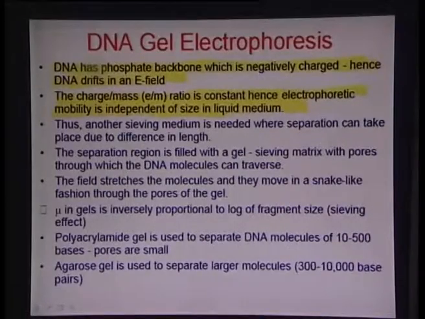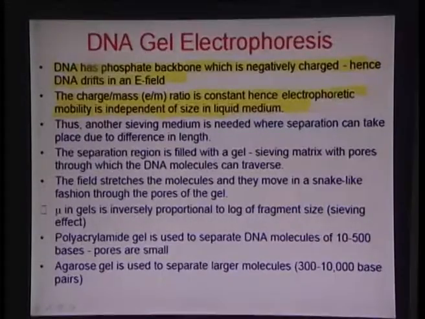Therefore, if you put it in a liquid medium where there is no sieving effect or frictional effect, it will move as one blob altogether, whereas if you put it in a medium like a gel material, there would be differential mobilities dependent on size, just on account of the friction that the medium provides to the DNA molecules.